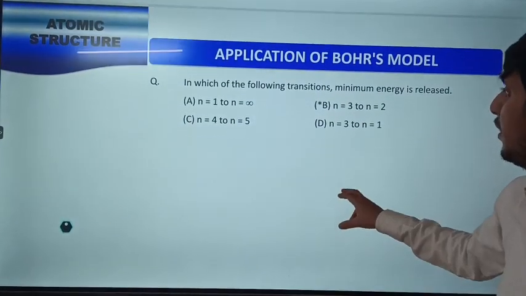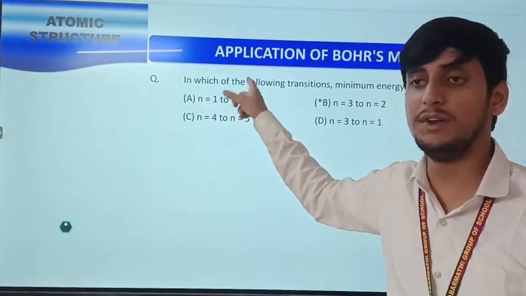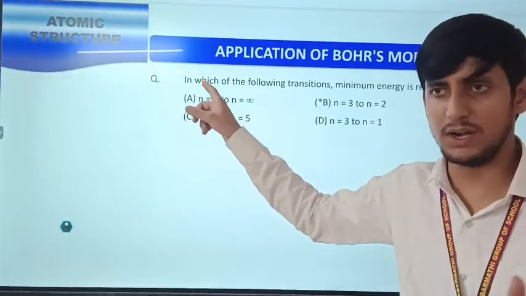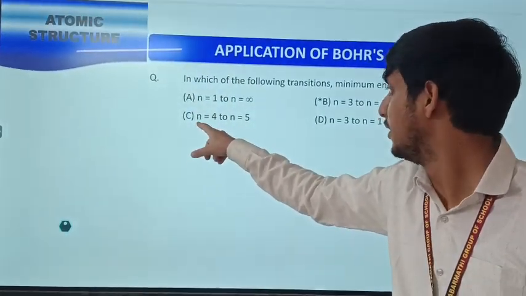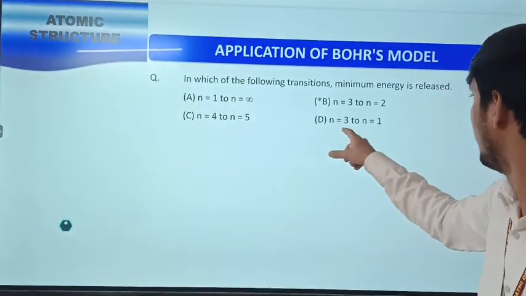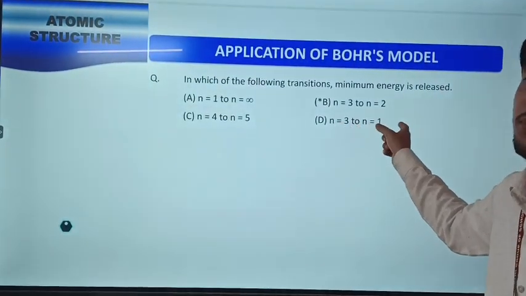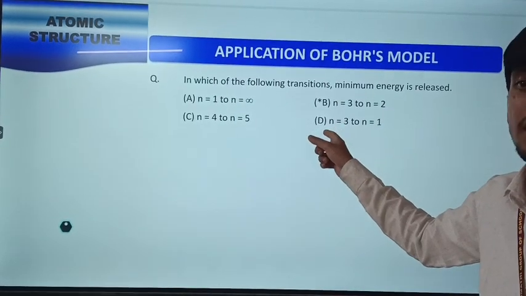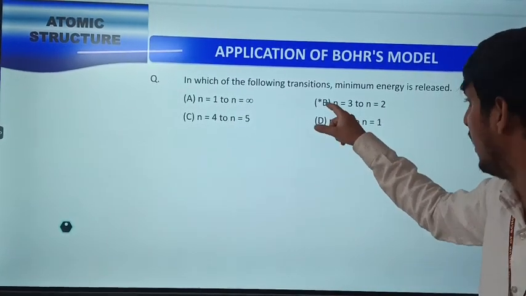Okay, the first option, n1 to infinity, means energy is required, not released. Third, n4 to n5, energy is required. Fourth, 3 to 1 releases energy, and more.